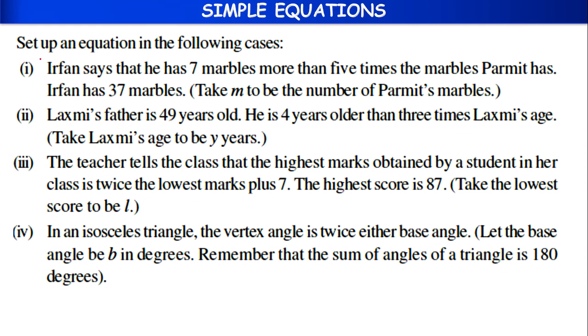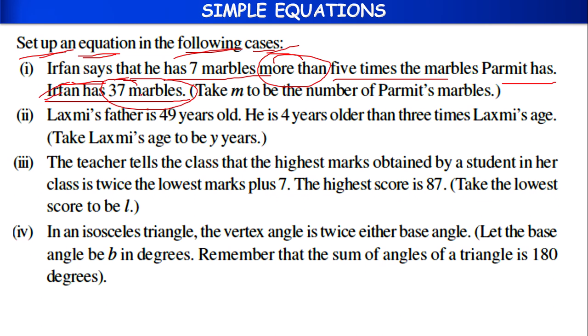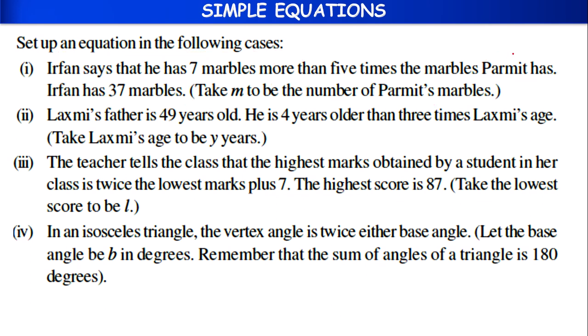Next one, set up an equation in the following cases. Irfan says that he has 7 marbles more than 5 times the marbles Parmit has. Irfan has 37 marbles. Number of marbles Irfan has is a known quantity, but number of marbles Parmit has is an unknown quantity. Let's take m as the number of Parmit's marbles.